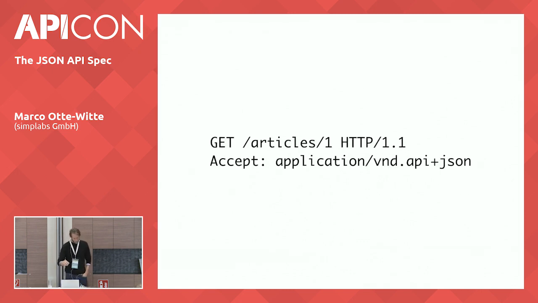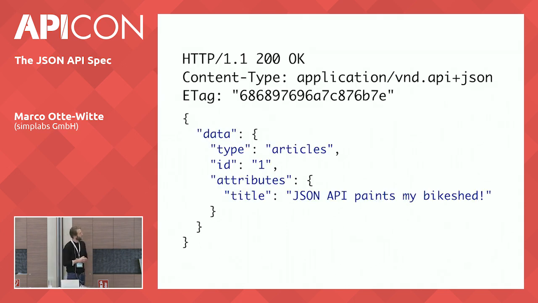So for example, if we look at this request that reads an article with a particular ID again, and we assume that we read it for the first time here, then the response to that might look something like that. So basically same thing that we saw before, but now the server includes an ETag that basically is a token for that response, kind of an opaque token.